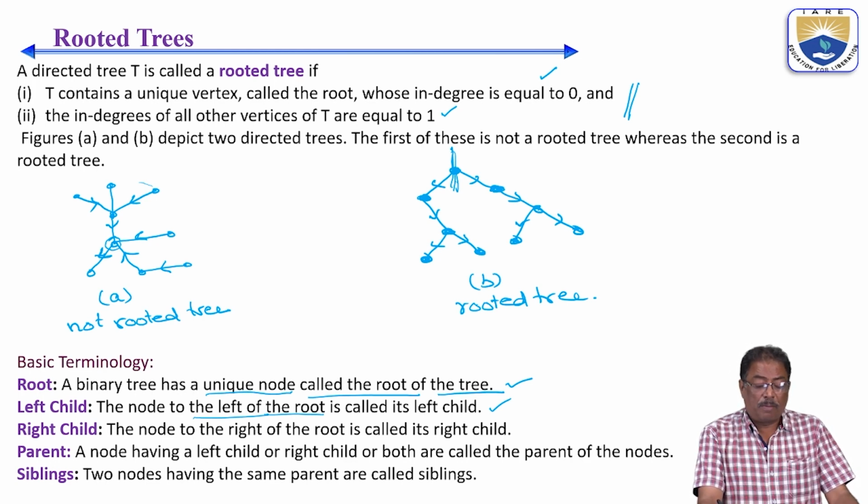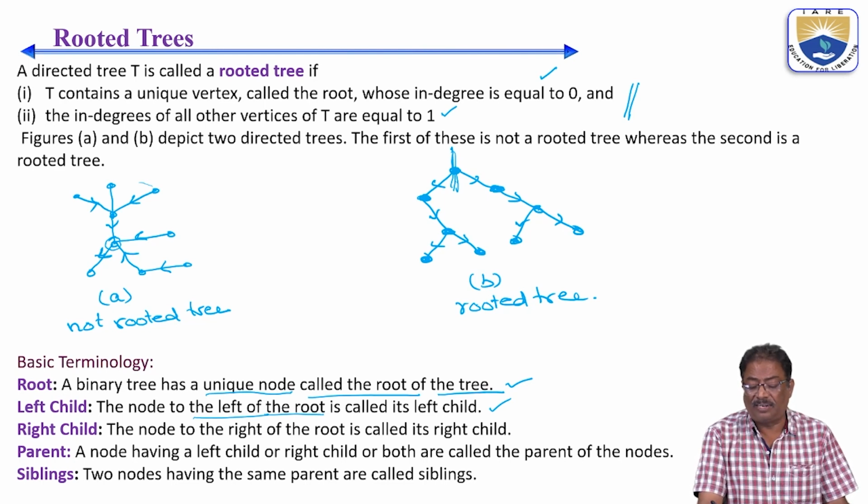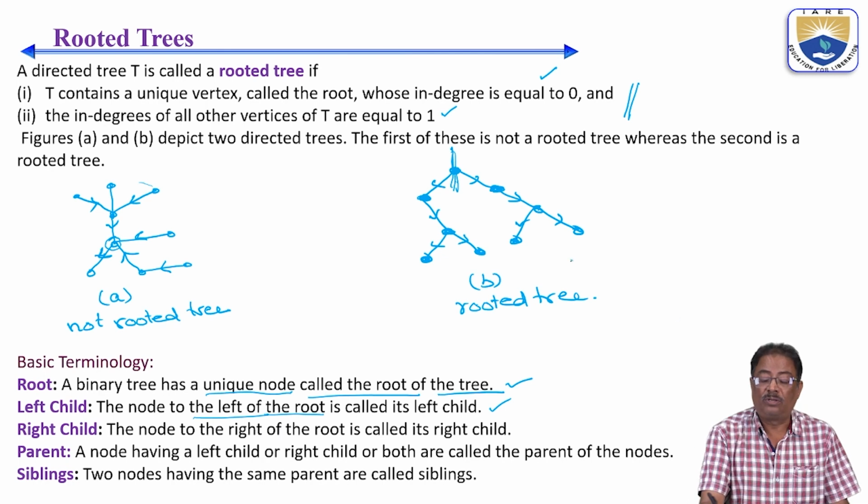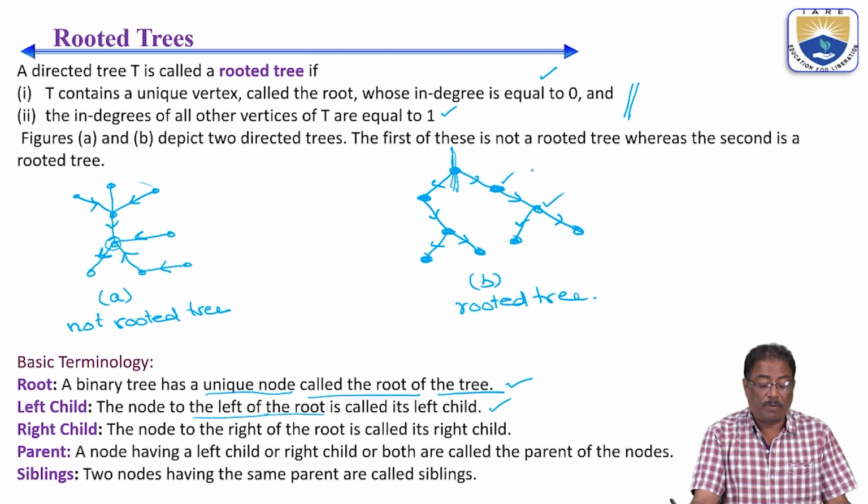Next, parent: a node which has a left child or right child or both is known as a parent node. So we consider this as a parent node, and this as a parent node.